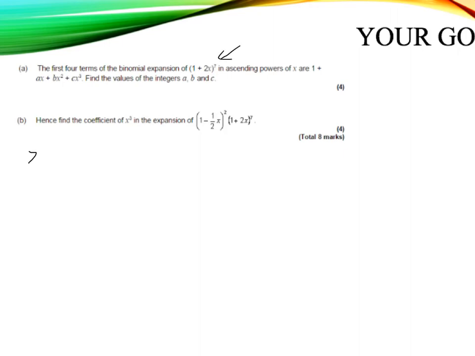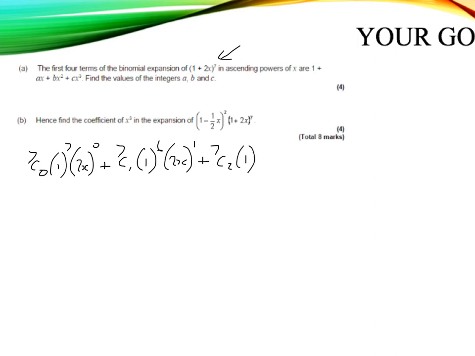So first of all, I've got 7c0, 1 to the power 7, 2x to the power 0, plus 7c1, 1 to the power 6, 2x to the power 1, plus 7c2, 1 to the power of 5, 2x squared, plus 7c3, 1 to the power of 4, 2x cubed. Let's just see if that's enough terms. 1, 2, 3, 4 terms. Okay, so let's tidy this up then.